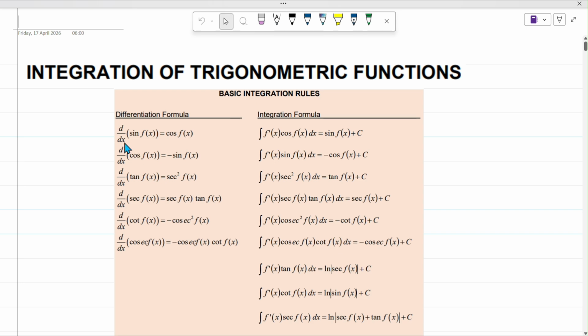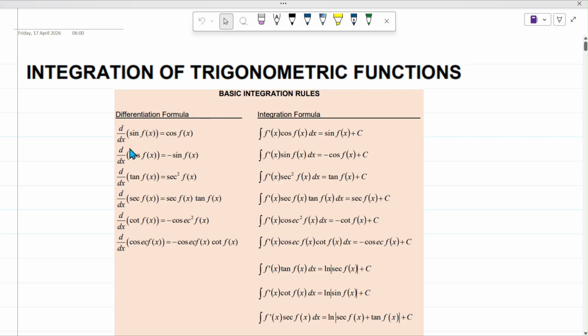Let's take, for example, the derivative of sine of f of x with respect to x. Then we know that this becomes cos of f of x multiplied by the derivative of the argument. So in this case, it's multiplied by f prime of x, although it's not written here, but it's there.